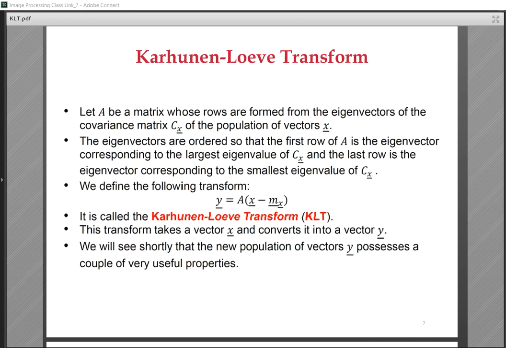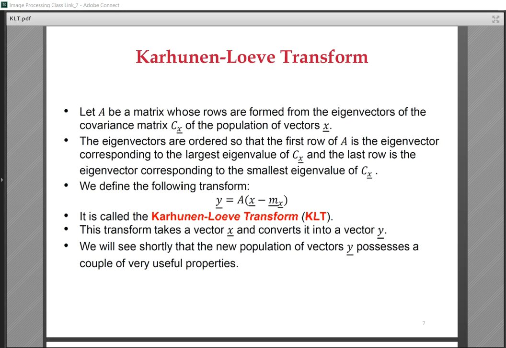So that row 1 contains the largest eigenvector. Row 2 is the next eigenvector, some smaller, and the last row contains the smallest eigenvector.